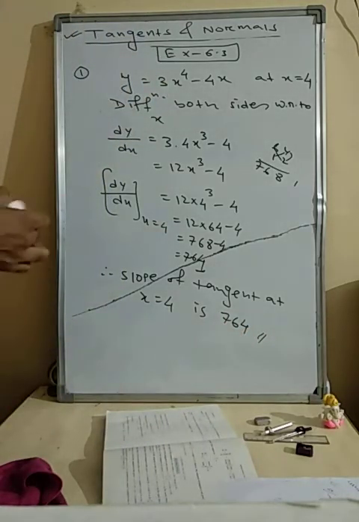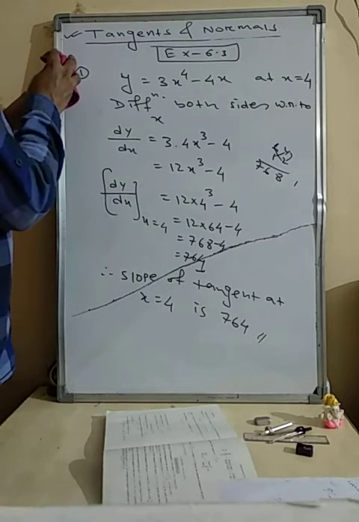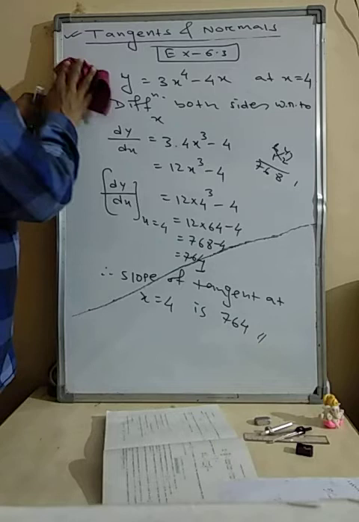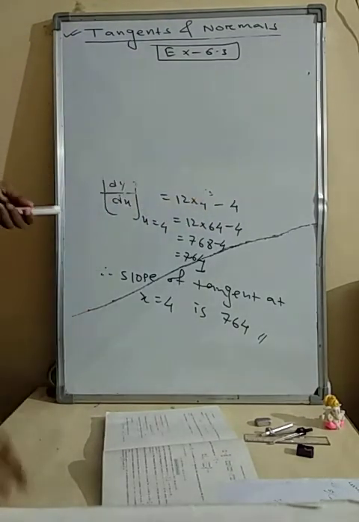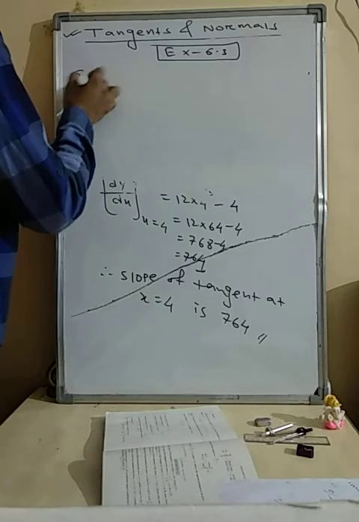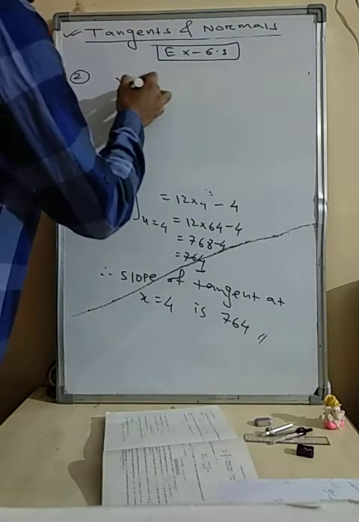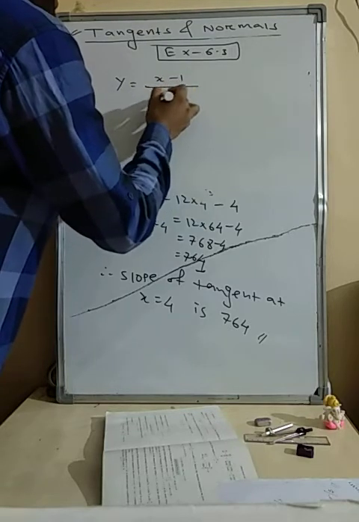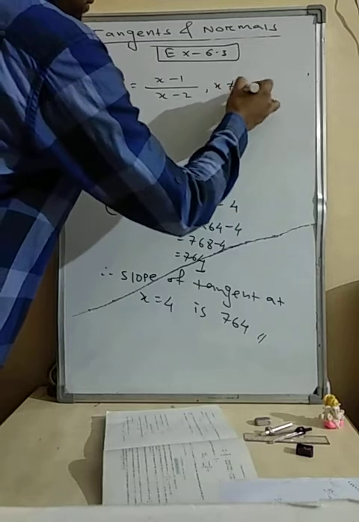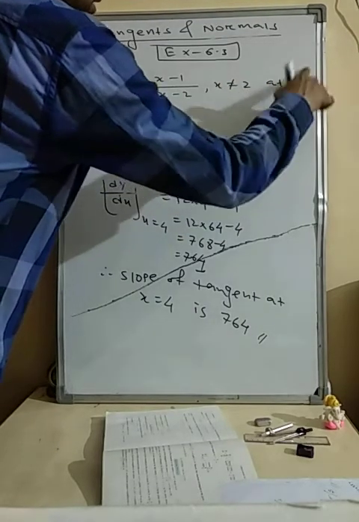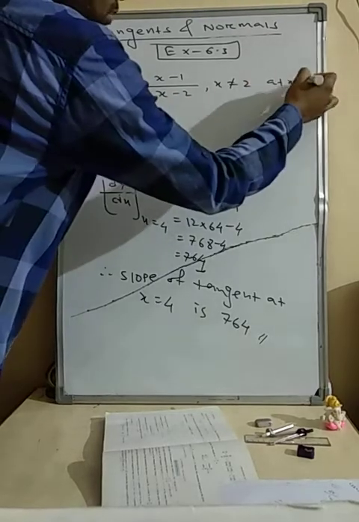Now you see the second question. Again the same question. It is given, find the slope of the tangent to the curve y equal to x minus 1 by x minus 2, where the condition is given x not equal to 2, at x equal to 10.